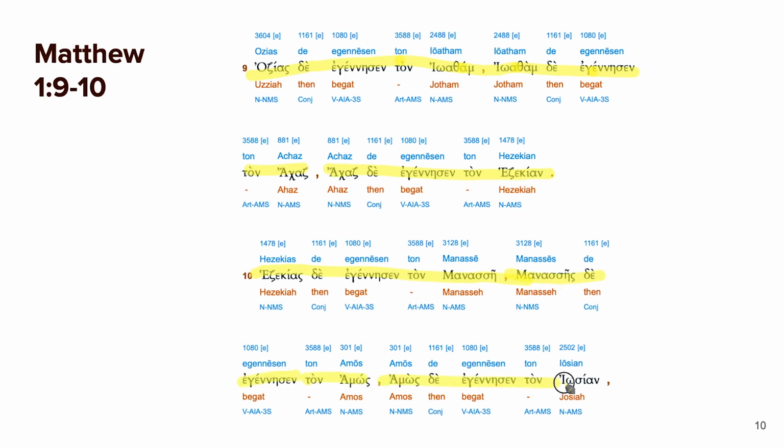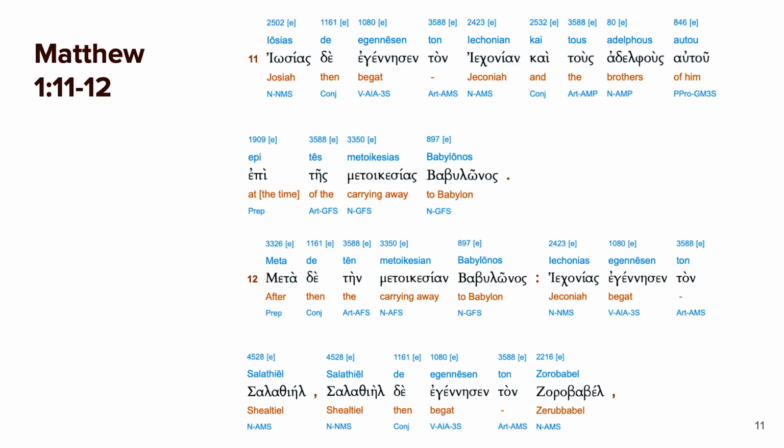Amos de egenisen tan Josian. Notice here it's Hezekias, Hezekian, because it's a rough breathing mark, whereas Josian is a smooth breathing mark, no H there. All right, and we have Matthew 11 and 12, starting with Josias de egenisen tan Jokonian, kai tus adelphus autu.